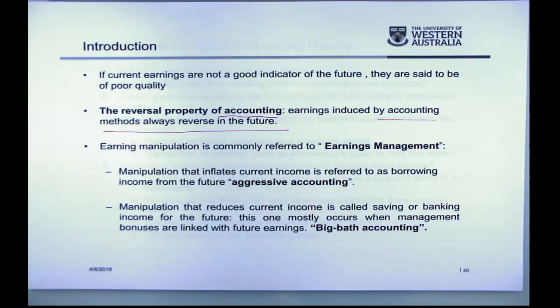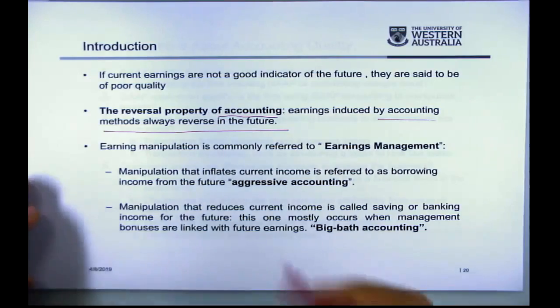The firm should claim as revenues only that part that has been delivered to the customers. But if the firm claimed the full amount, that will increase revenues for this year, but it will reduce revenues in the future, right? So there is always a trail. There is always a reversal to manipulations.